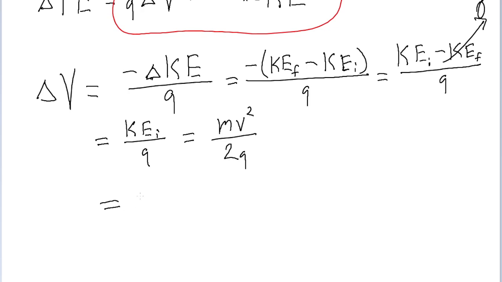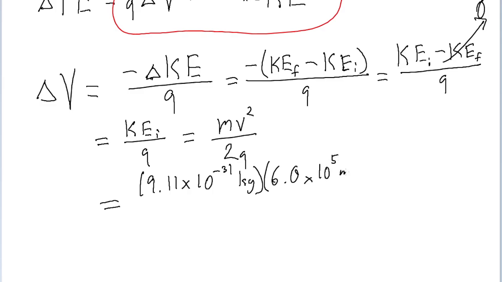So first off, for the particle, we're told in the problem that it is an electron, and so we should know, or you can look it up if you don't already have it memorized, that the mass of an electron is 9.11 times 10 to the power of negative 31 kilograms. This is being multiplied by the square of the electron's initial speed, which is given directly in the problem as 6.0 times 10 to the power of 5 meters per second.